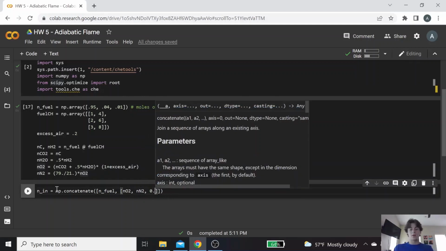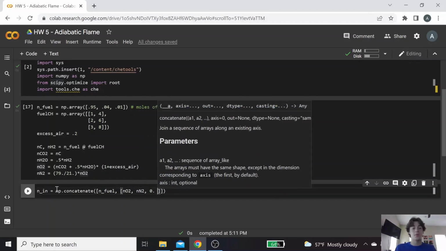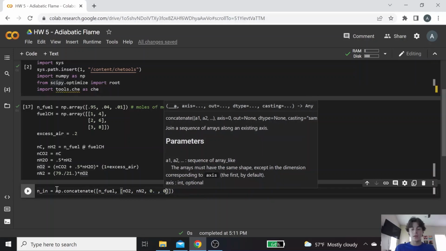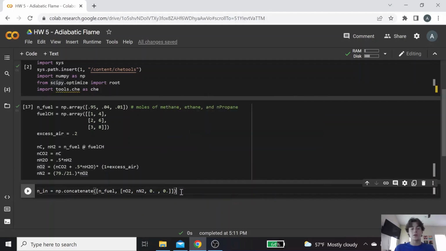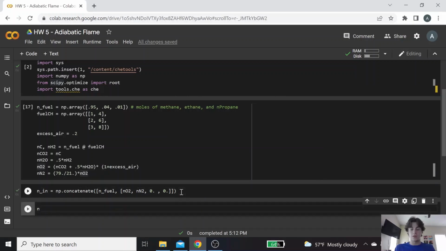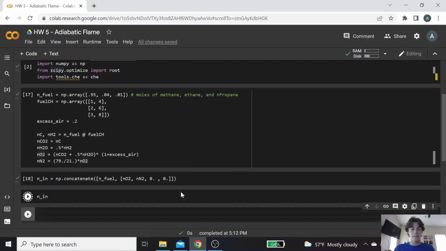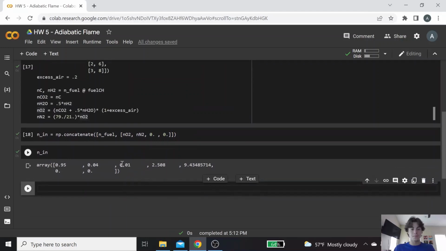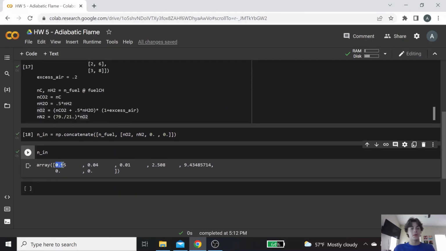And then there is no carbon dioxide going into the reaction, and there's also no water going into the reaction. So now if we take a look at this, we have the moles of methane, ethane, propane, oxygen, nitrogen, and there's no carbon dioxide or water going into the burner.